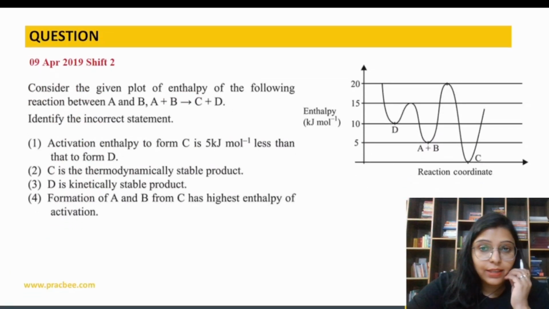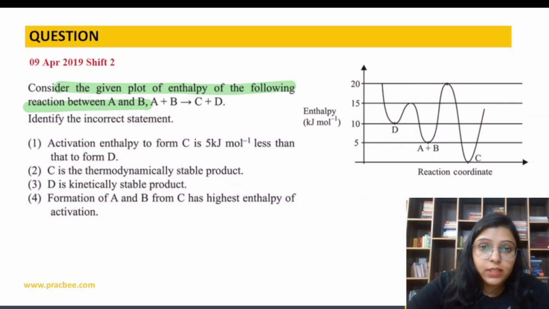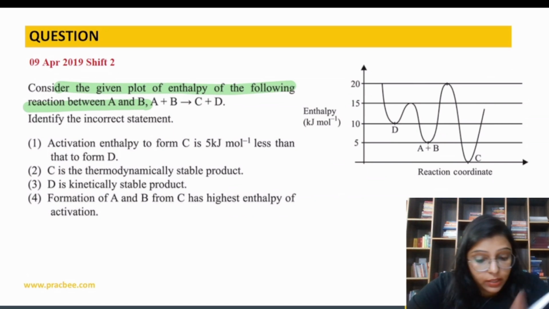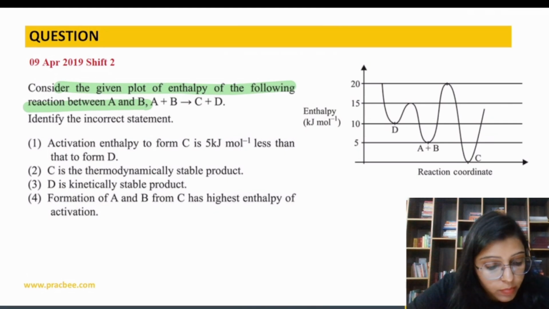Okay, this is a graph question. Consider the given plot of enthalpy of the following reaction between A and B. So A plus B gives C plus D. Identify the incorrect statement. Activation enthalpy to form C is 5 kilojoule per mole less than that to form D. So see, the activation energy for the formation of C is equal to this.